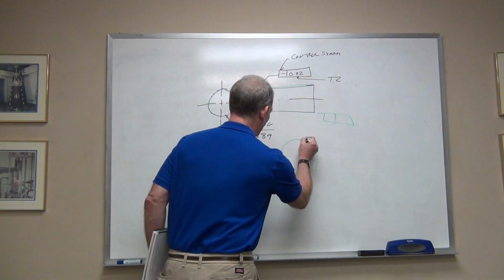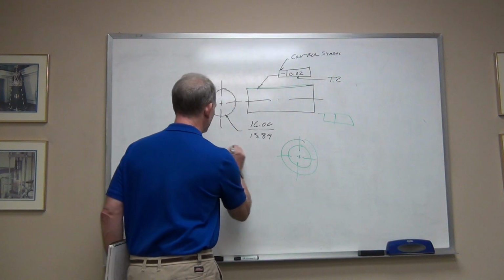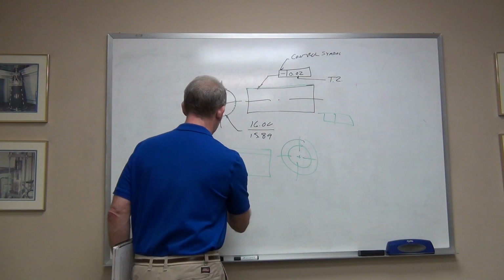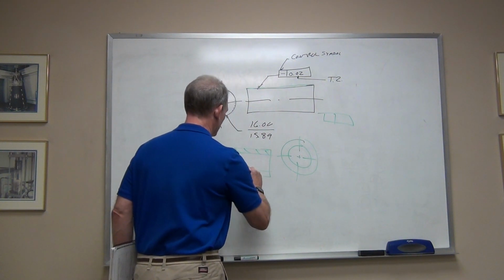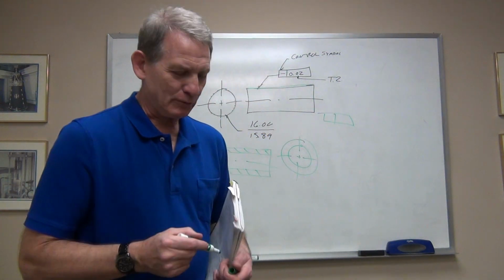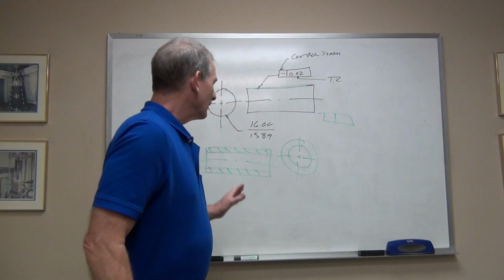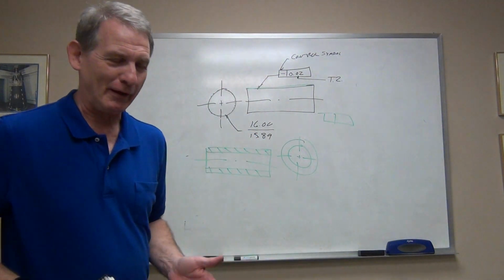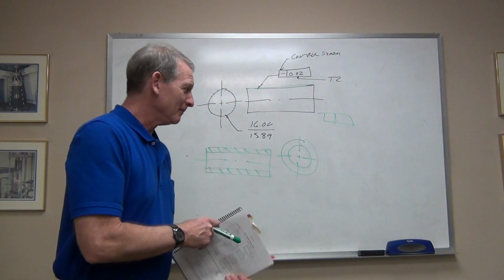Let's look at another scenario where we would have a tube. In this instance, we also have a center line of that tube, just like we have a center line of this bar. Does that center line exist? Well, no, it doesn't. It's nothing but air there. It's a little bit easier to get in there and check something, but there's nothing to check.